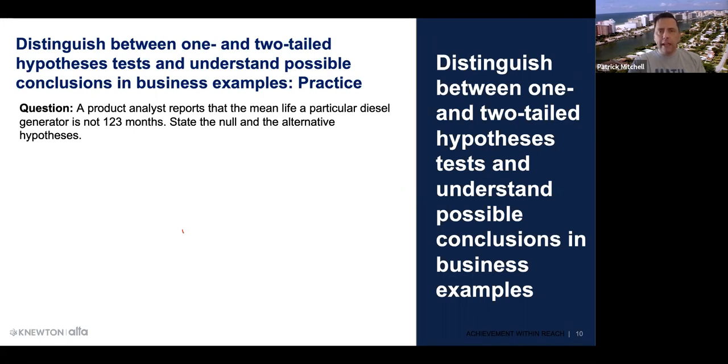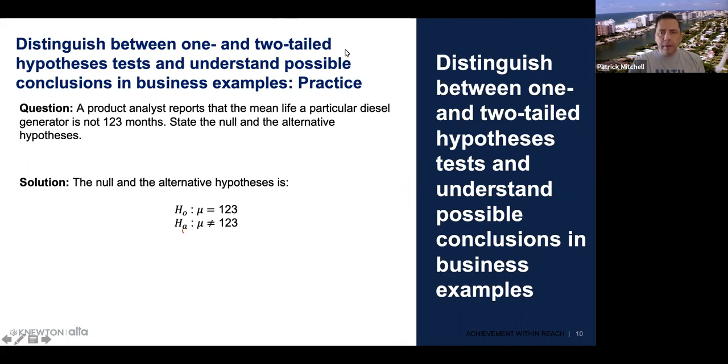So the analyst thinks that the mean life is not 123 months. That would make our alternative hypothesis does not equal. Mu does not equal 123, which means that the null has to be that mu equals 123. So this would be a two-tail test. A two-tailed test only happens when you have does not equal here.